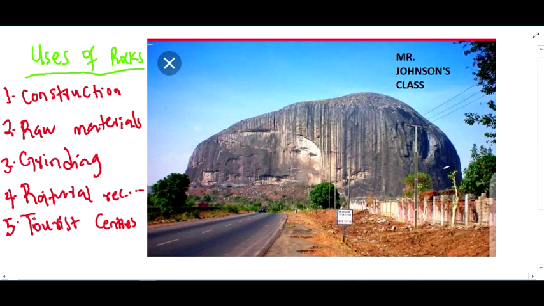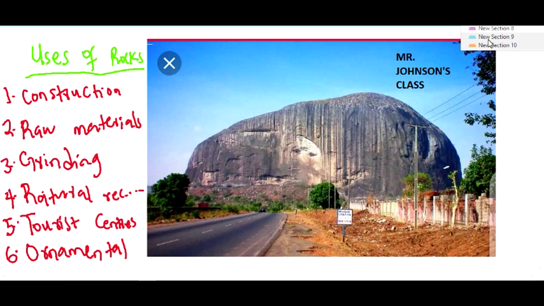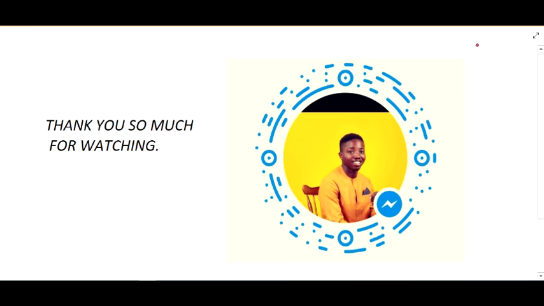And then finally, some of the resources we find in rock can actually be used as ornaments. Gold ornaments or any precious material can be found on rocks and they can be used for so many decorations. So this is just a wonderful thing in our environment.